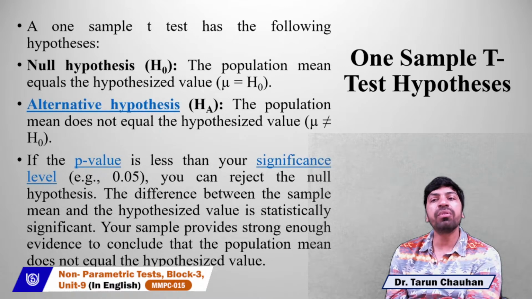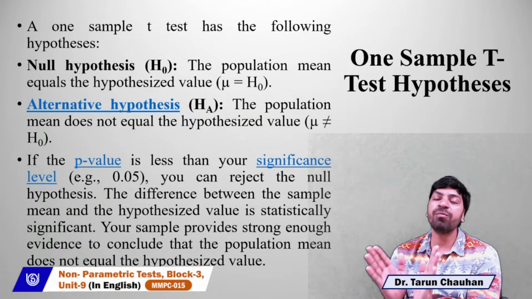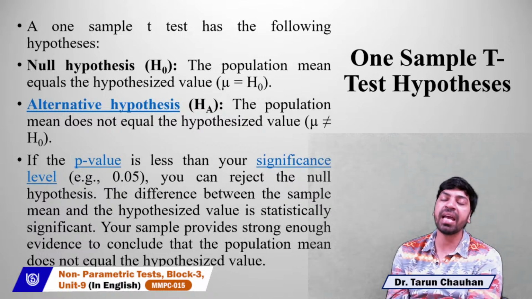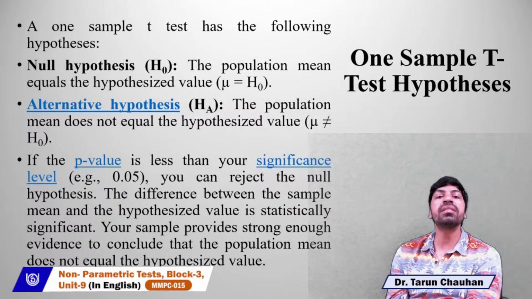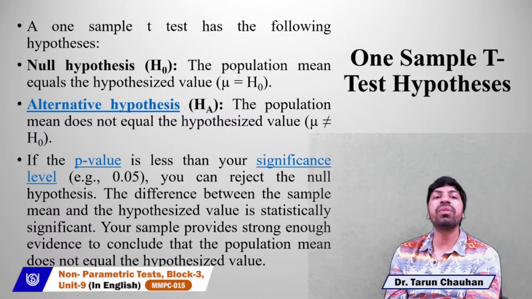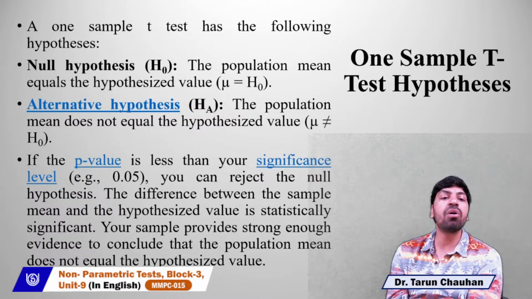Now we can come to the one sample t-test hypotheses. The one sample t-test has two main hypotheses. The first is the null hypothesis, where the population mean is equal to the hypothesized value. The alternate hypothesis is where the population mean does not equal the hypothesized value.